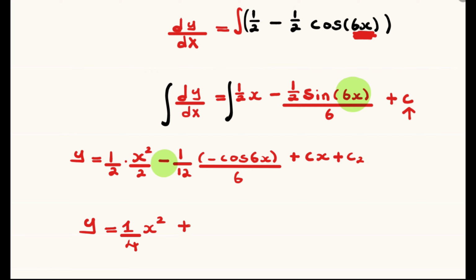So here we have positive cos of 6x, and 1 over 12 multiplied by 1 over 6 will be equal to 1 over 72, plus cx plus c2. And this will be our answer for the second question.